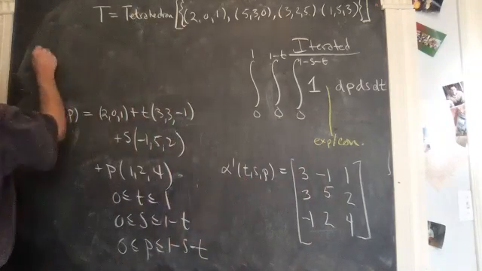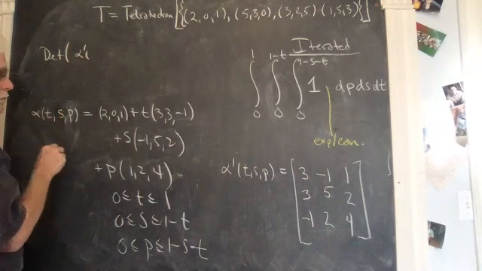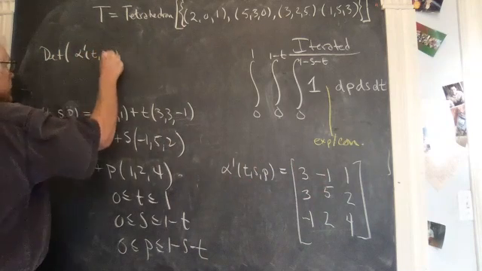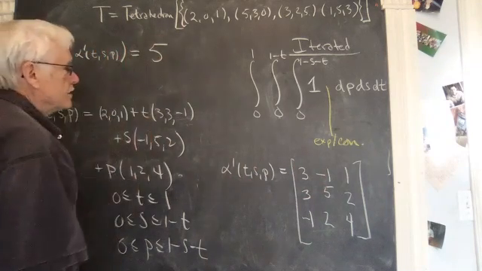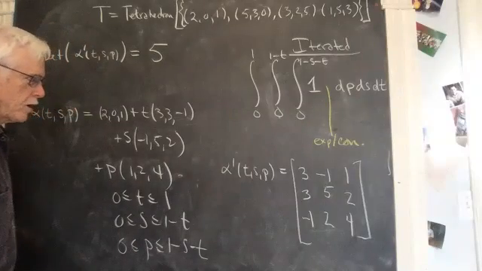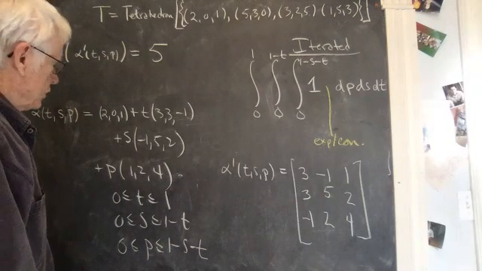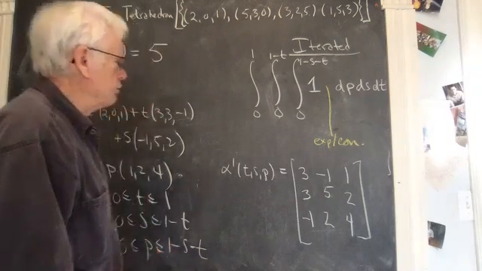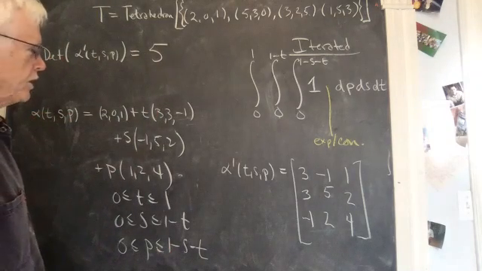So the determinant of alpha prime of T, S, and P, and that might be 5 if we work it out, I'm not sure. UC and I just worked on this a little while ago, and I think we got 5. But whatever this works out to, Mathematica can find this. This is just a computation.